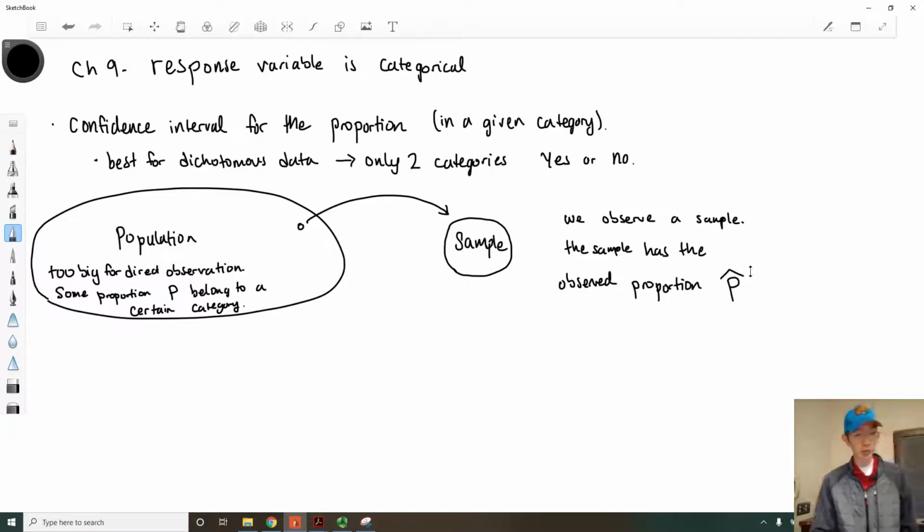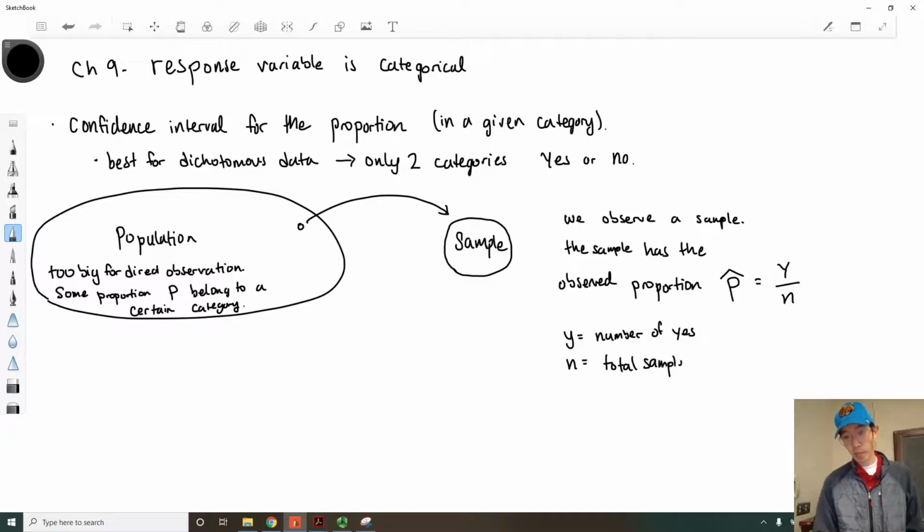This is the proportion we observe, which is going to be y divided by n. Okay, so y will be the number of yeses and n is the total sample size. All right, and we want to create a confidence interval of plausible values for the population proportion p.